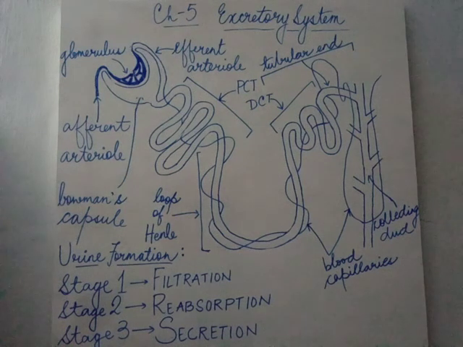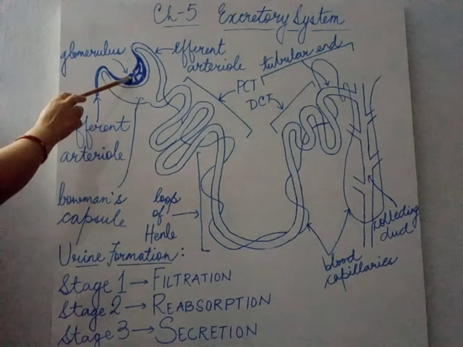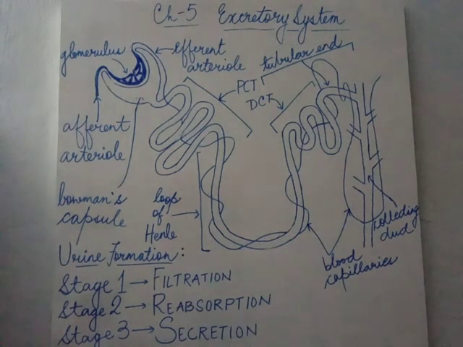Why do we use a strainer? We use a strainer to filter out the liquid tea from the tea granules or tea leaves. Similarly, here the glomerulus acts as a strainer.